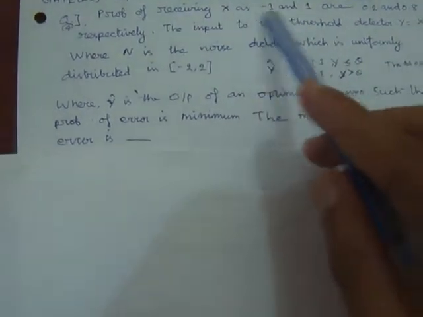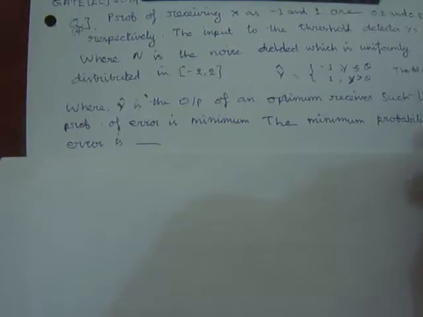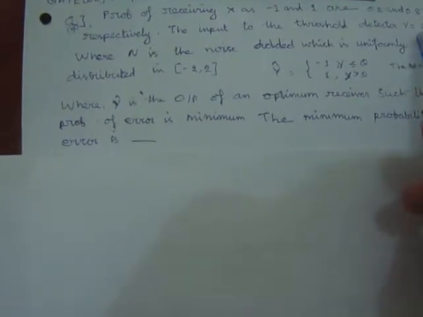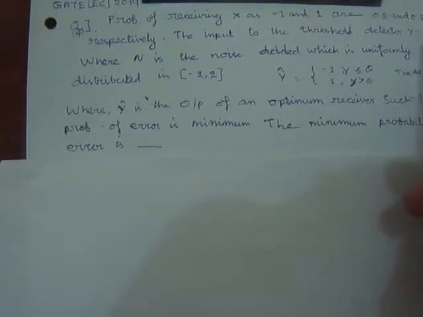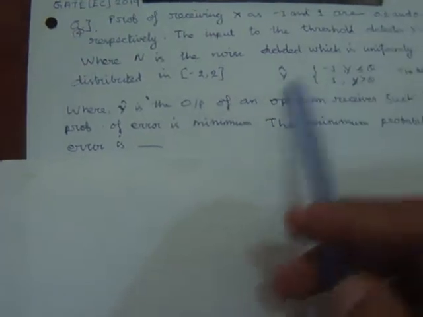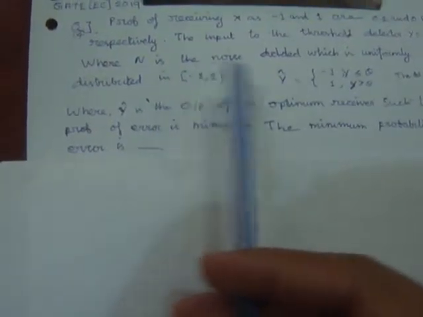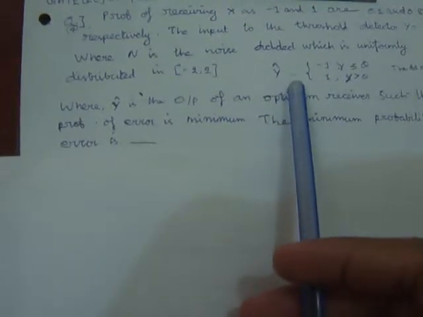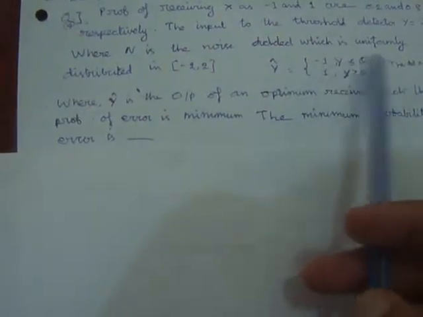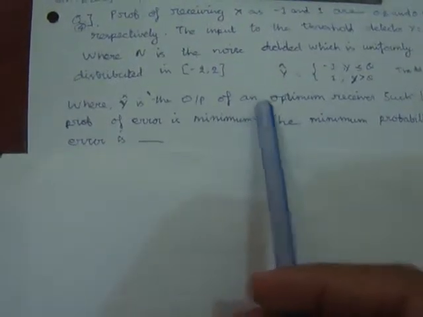The signal is transmitted through the channel. It is receiving the noise from the channel, so it is added to the transmitted signal. What we receive on the receiver side is y equal to x plus n. After that, the distribution of the noise is given, and y cap is the output of the threshold detector, where y cap is the output of an optimum receiver.